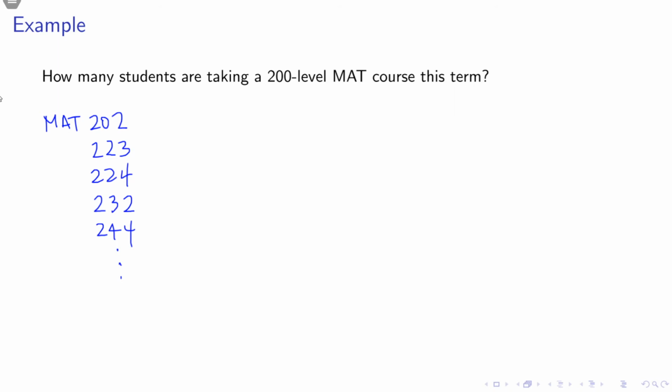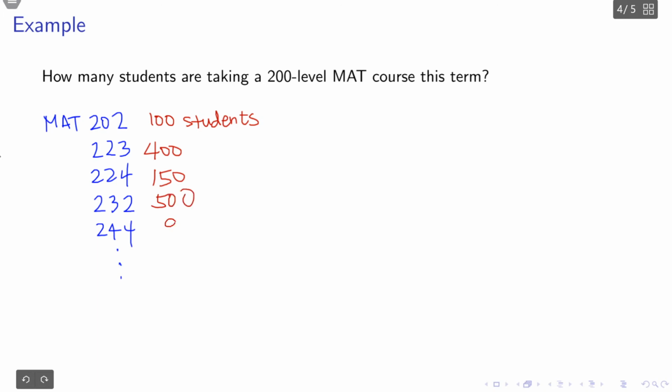Now suppose we knew how many students were in each course, right? So MAT202, let's just say there's 100 of you right now. For 223, maybe 400, 150 in 224, 500 in 232, 90 in 244, and so on.